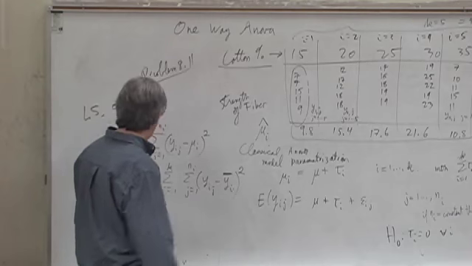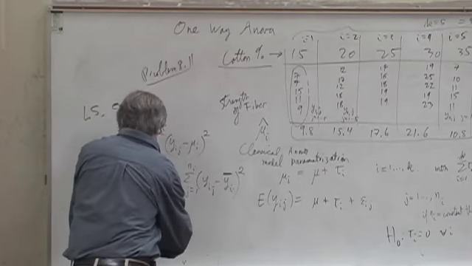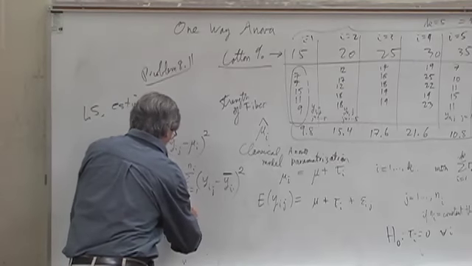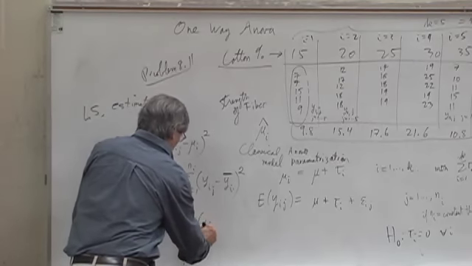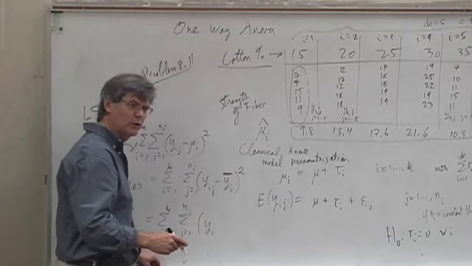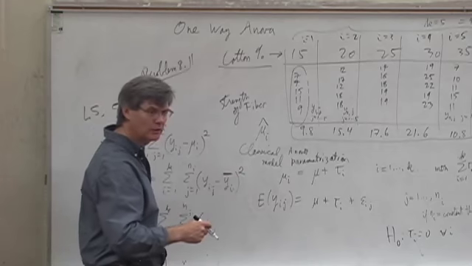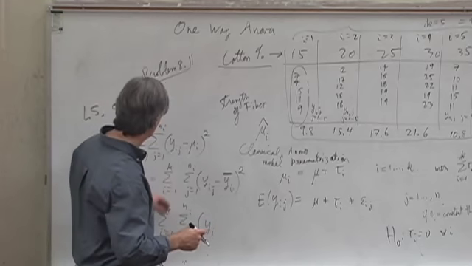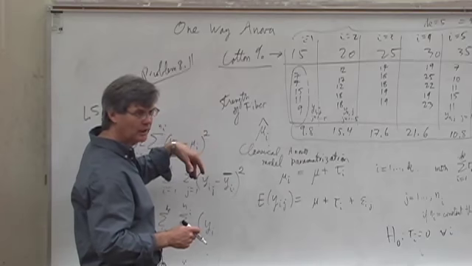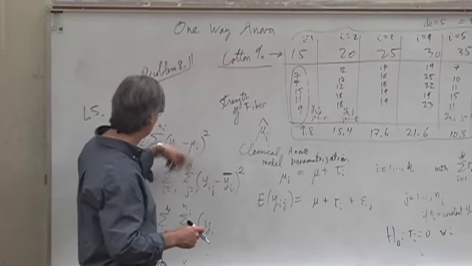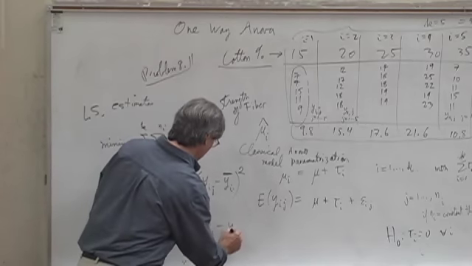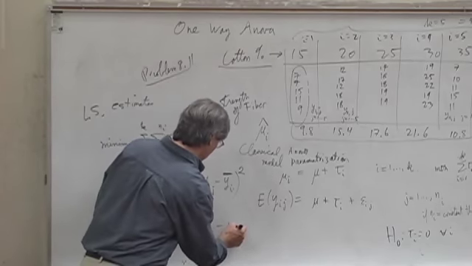And then SST, of course, is the summation over i from 1 to k, summation over j from 1 to ni. It would be the error sum of squares under the trivial model, intercept only. If I just had mu here, no mu sub i, differentiating with respect to mu and setting equal to 0, I get the sum of all the y's divided by the total number is equal to mu. So this is y double dot bar.